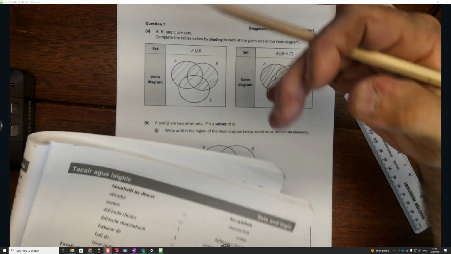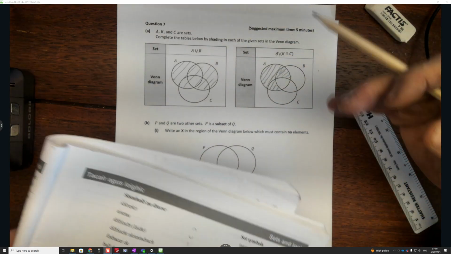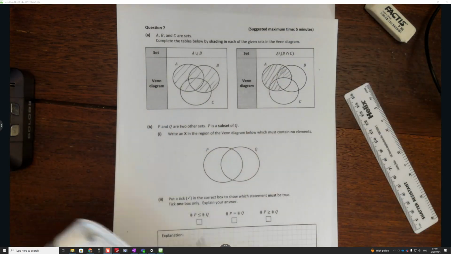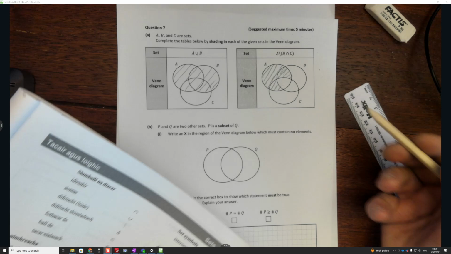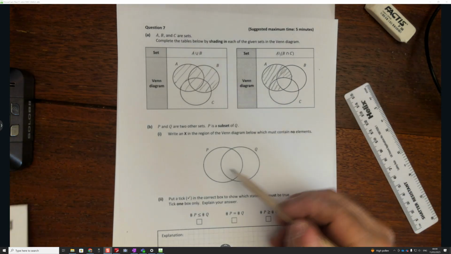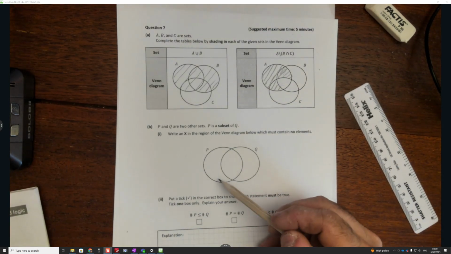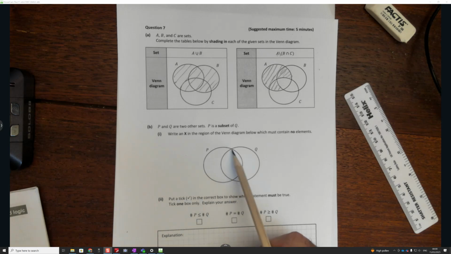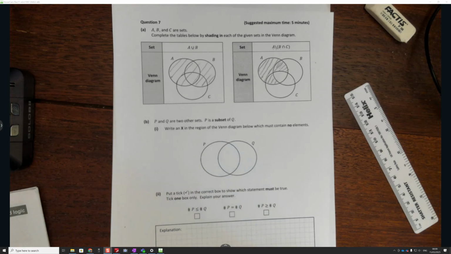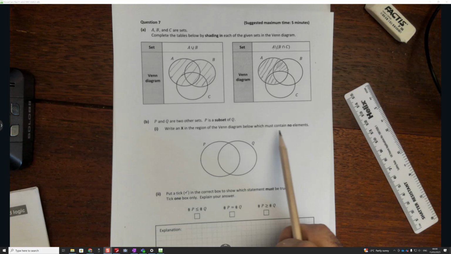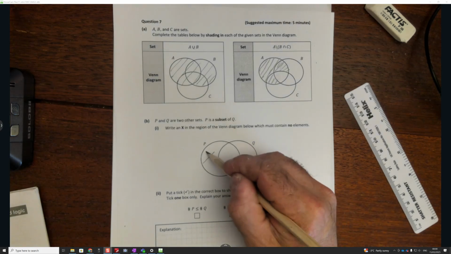Sub means below, so it's a set that's in. So basically there's nothing out here, because everything in P has to be in Q, so there's nothing out here in this moon shape on the left hand side. Write an X in the region of the Venn diagram below which must contain no elements.